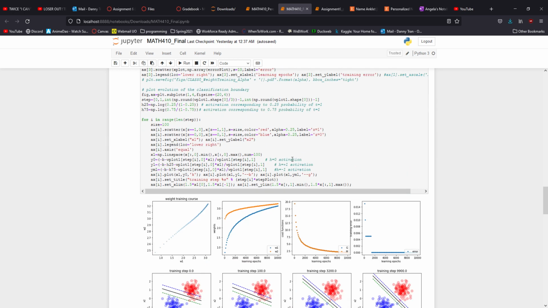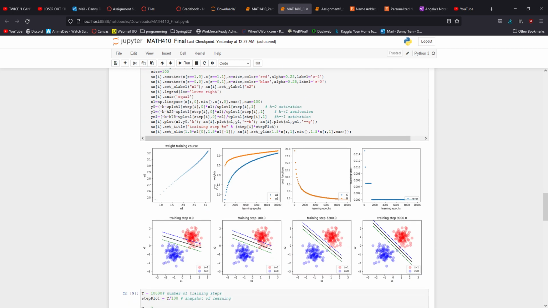And when we actually plot the weights, we see here that the weights don't converge to a single value. So they keep increasing. And I would assume, based on this graph, that as our learning epochs increase, our weights are going to infinitely increase. And this makes sense because our alpha is equal to 0, and so there's no weight decay.